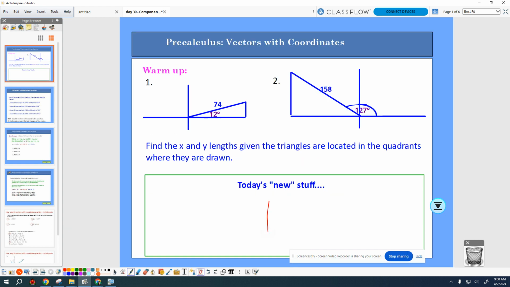And going back to the unit circle: x, y, cosine, sine, it's alphabetical order, right, if it's on the unit circle. Well, here, x goes with cosine, and we just multiply it by the magnitude.